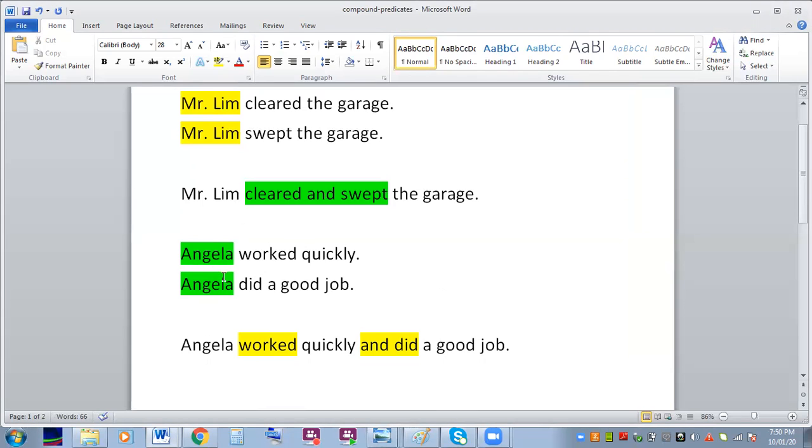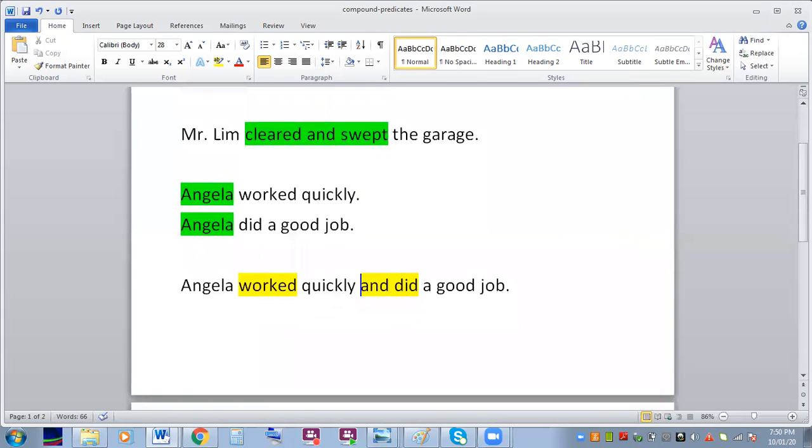What did she do? She worked. In the second sentence, the action that Angela did is did. So Angela worked and did. Worked and did. These are the two actions that make our compound predicate. Because remember, compound means made of two or more parts.